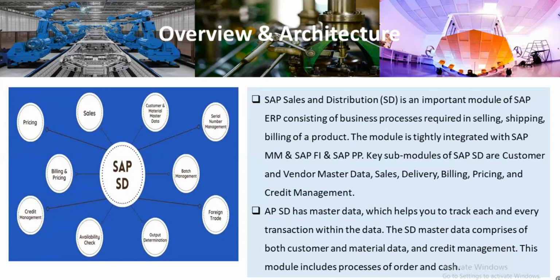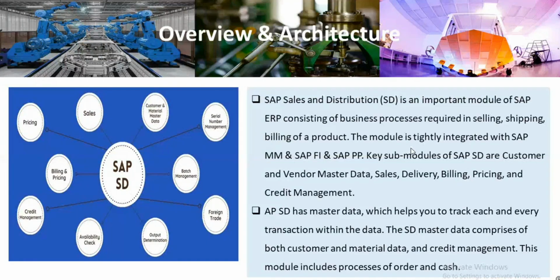Sales and distribution is an important module of SAP ERP, which consists of billing and pricing, sales, customer material master data, serial number and batch management, foreign trade and output determination, availability check, and credit management. For all these processes, we need the basic master data, and for that, we need to create the enterprise structure.